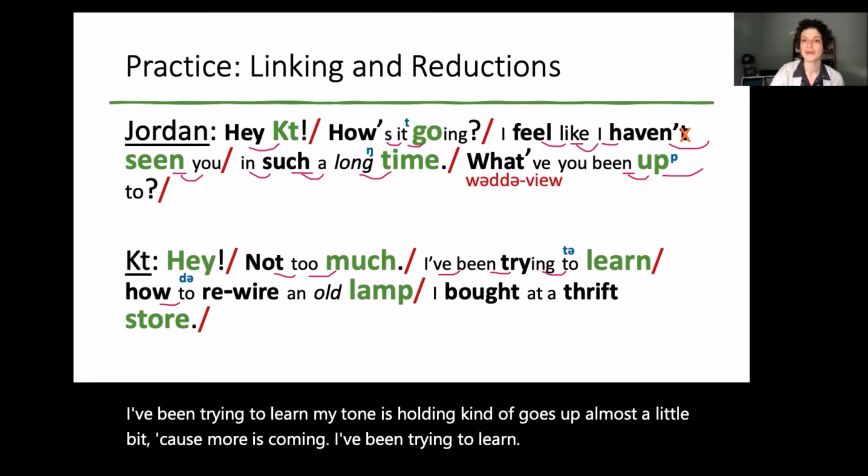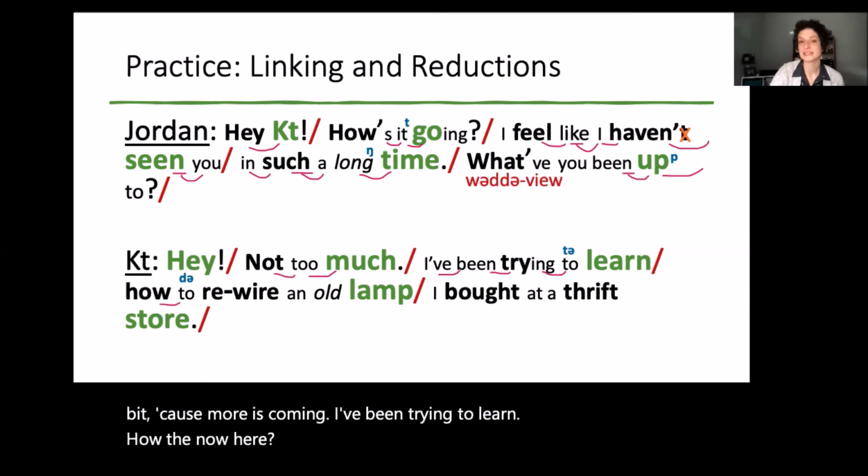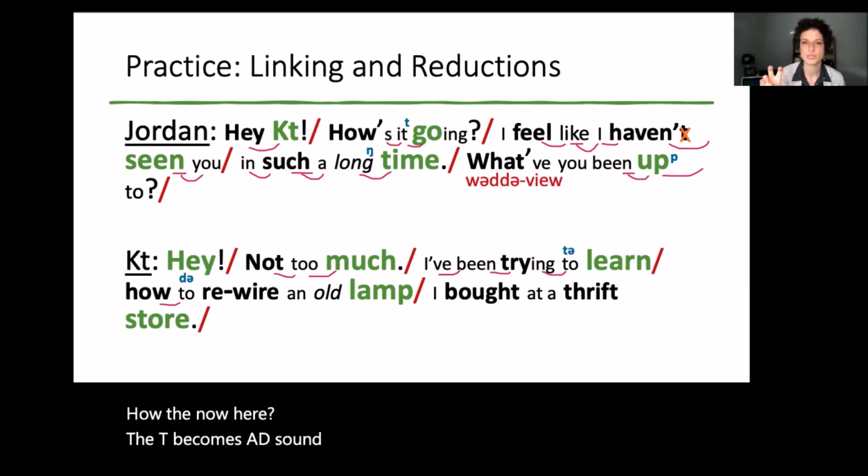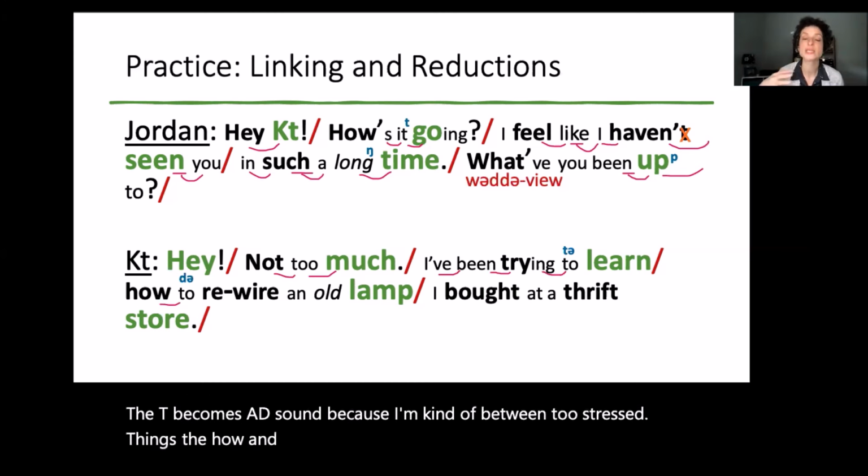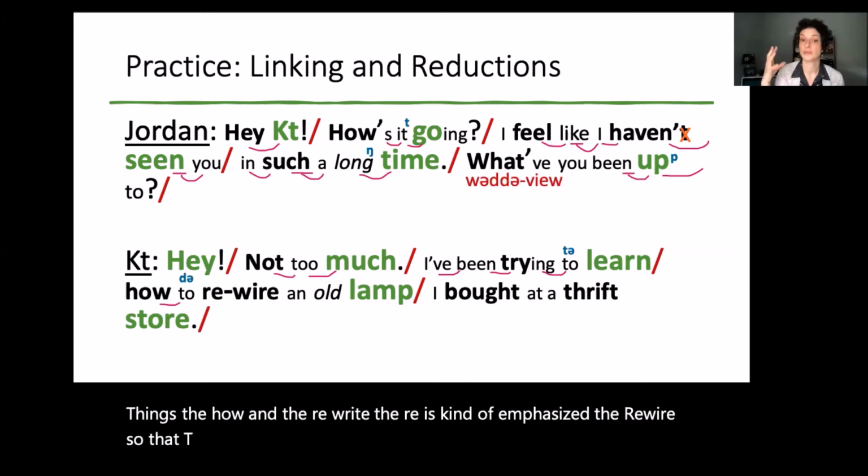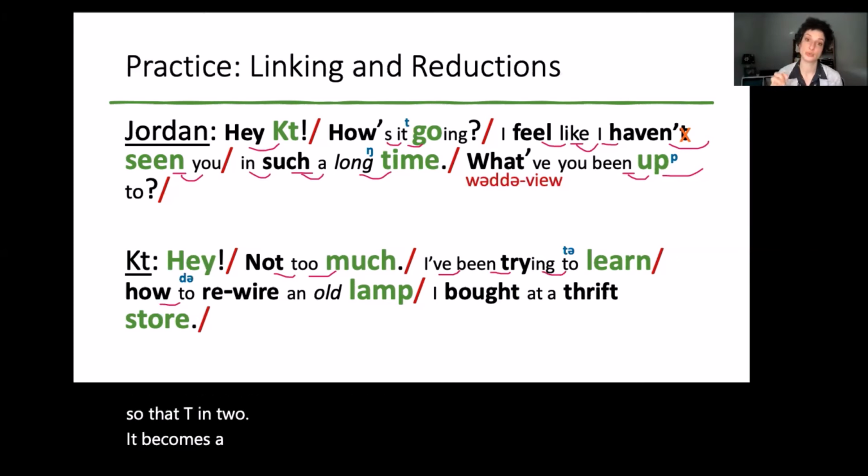how to. Now here, the T becomes a D sound because I'm kind of between two stressed things, the how and the re, right? The re is kind of emphasized, the rewire. So that T in to becomes a D sound, and to reduces to duh. How to.